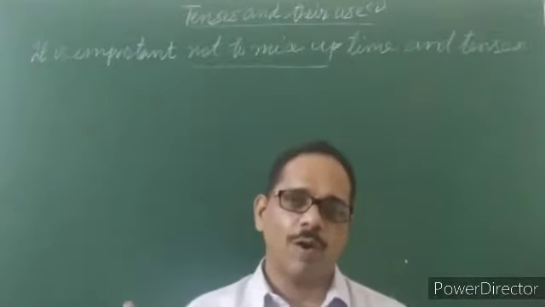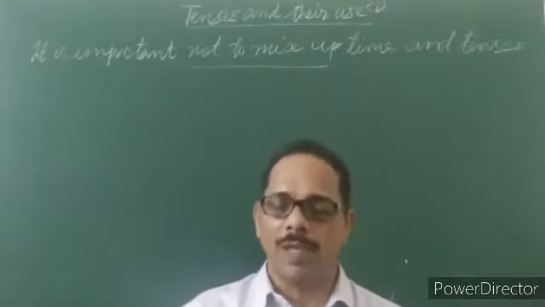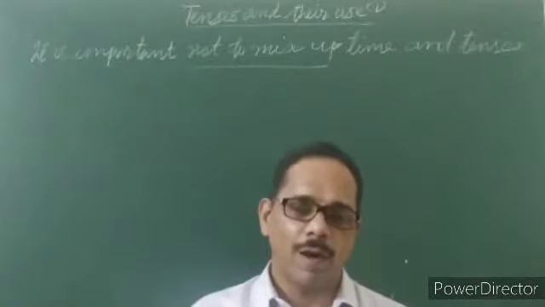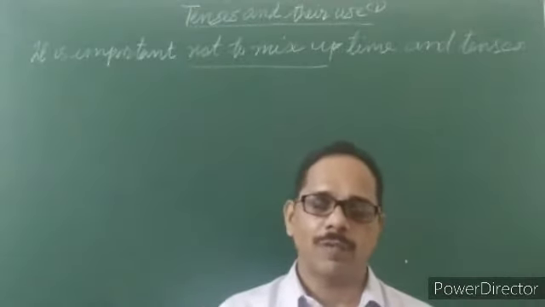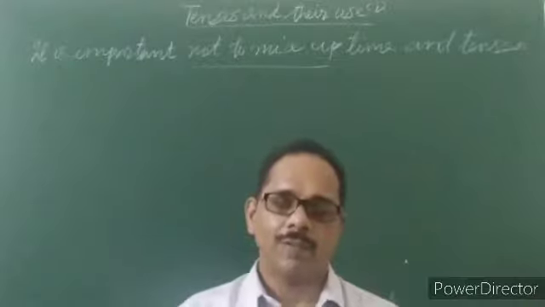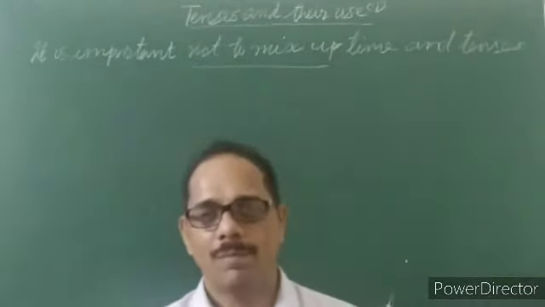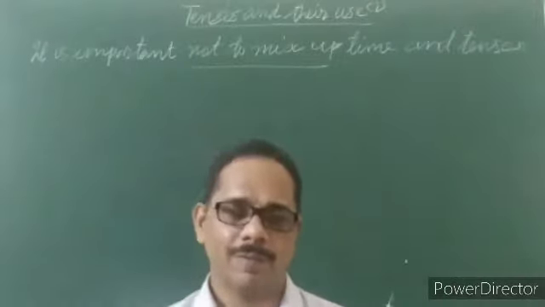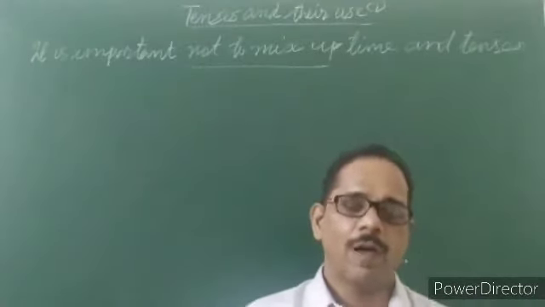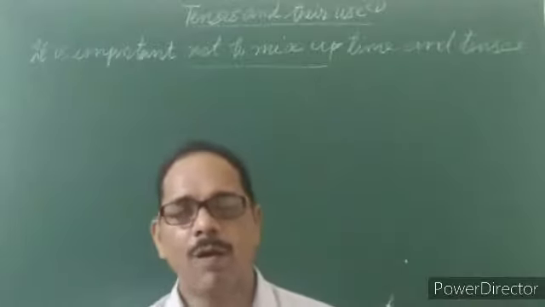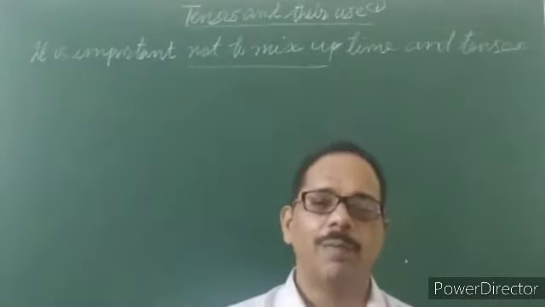And if the action is about to take place, or going to take place, then it's future tense. So that's why we mix up time and tenses. They go hand in hand. That's what normally we say.